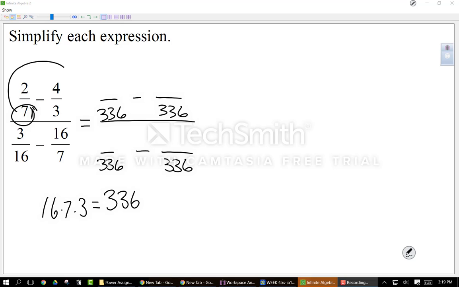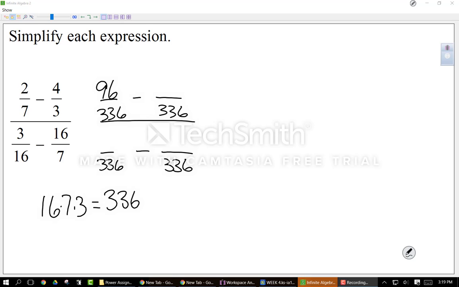So if I take this 7, I multiply by 16 and 3. Because down here, this is my 7, and what are the other two numbers that give me 336? 3 and 16. That's how you're going to do it all. Well, what is 16 times 3? That's 48. So this 2 times 48 is now 96.